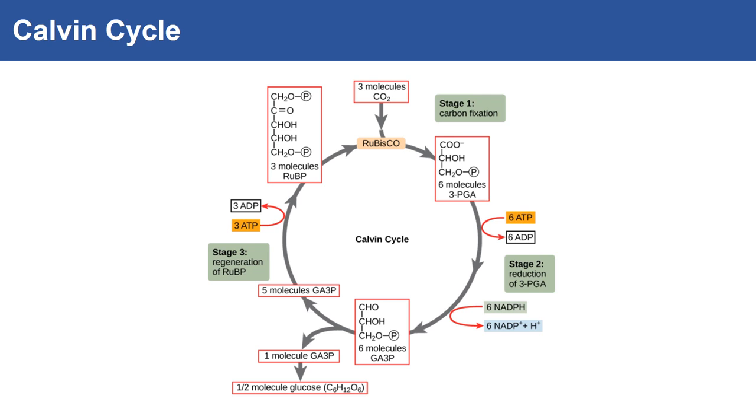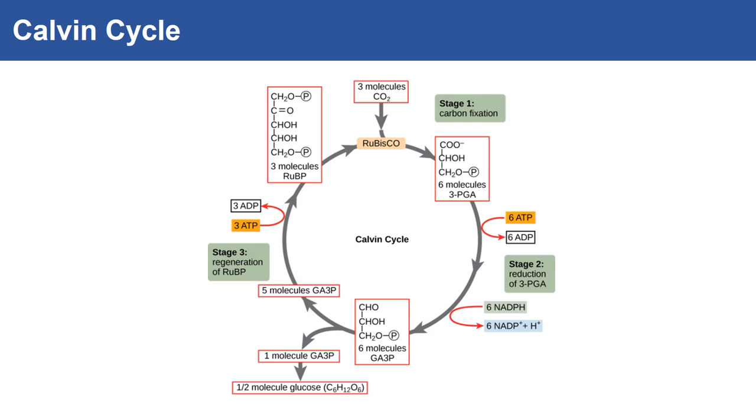ATP and NADPH use their stored energy to convert the 3-carbon compound 3-PGA into another 3-carbon compound called G3P. This type of reaction is a reduction reaction because there's a gain of electrons.